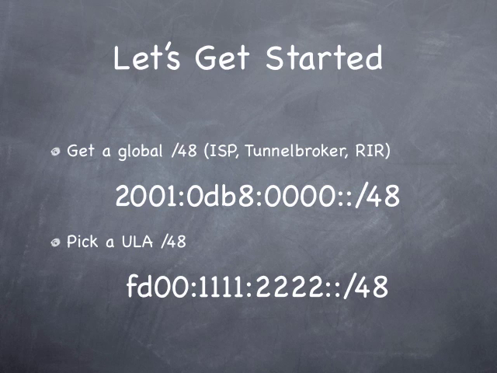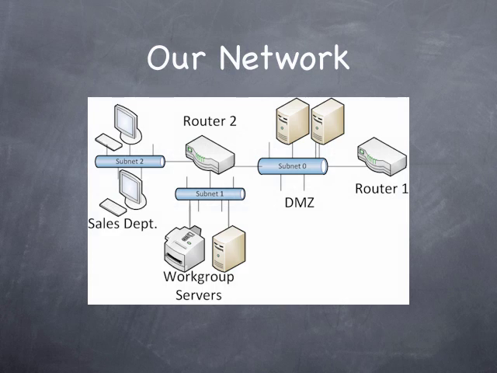But even if someone else happens to pick the same address block, chances that it'll hurt you are low, unless of course down the road you do want to route these unique local addresses with this other organization. So the RFC actually specifically says you should not pick something like 1111 2222, but pick something random.